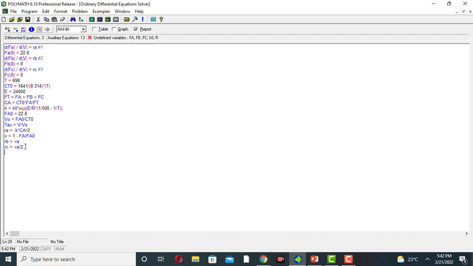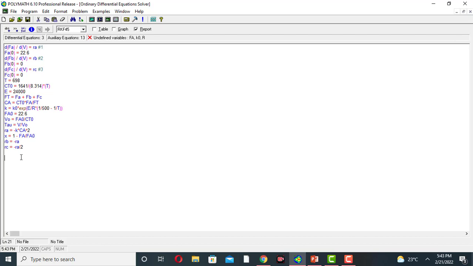Now FA, FB and FC are undefined, so put small a, small b and small c.